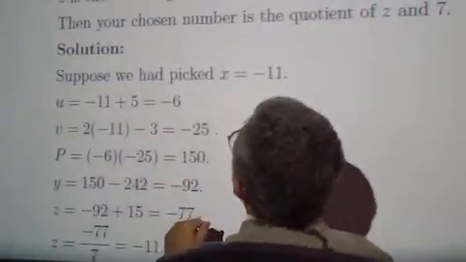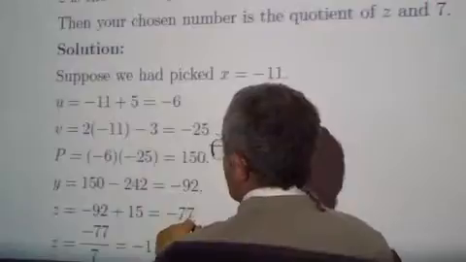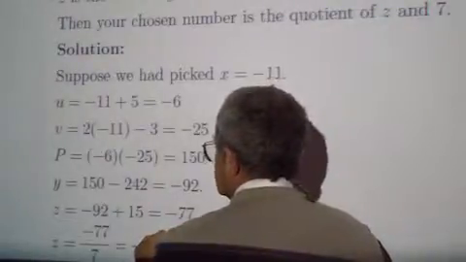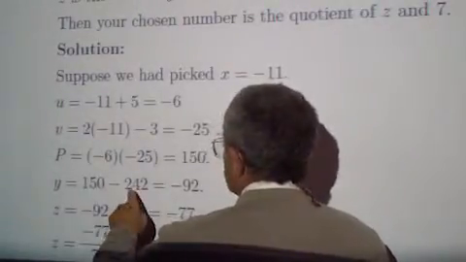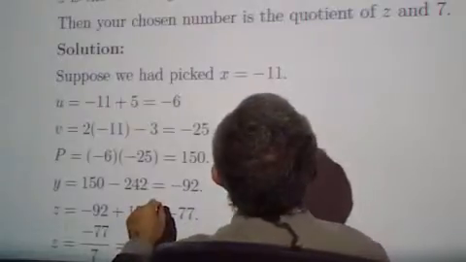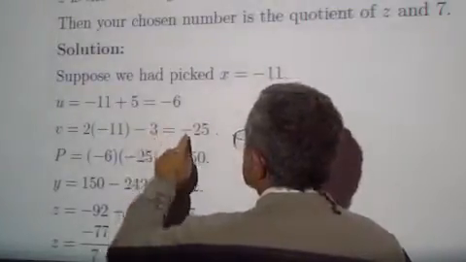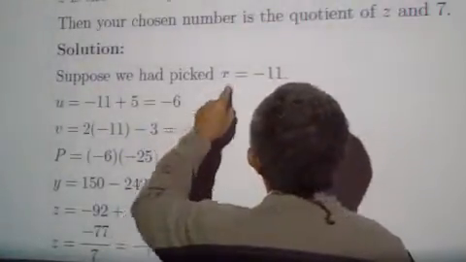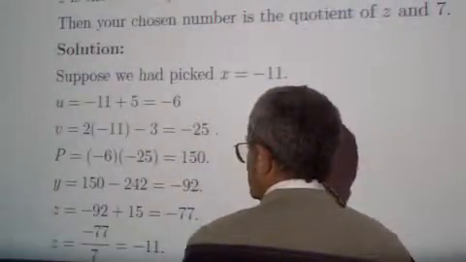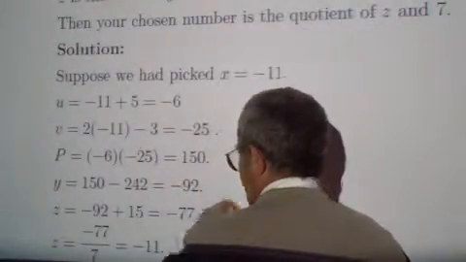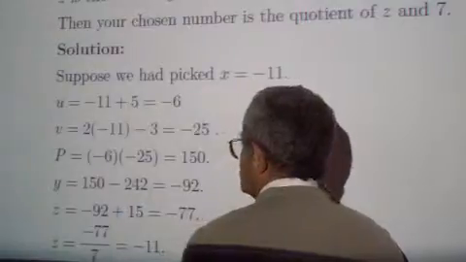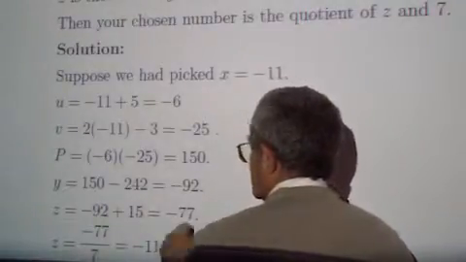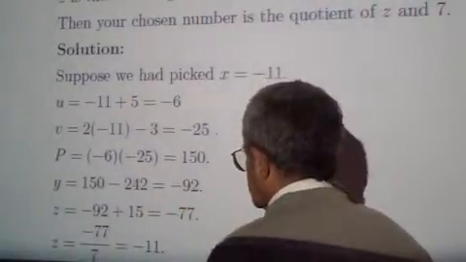And y is the difference between P and 2x cubed. The difference between P, which is 150, and 2 times x cubed. Where was x? Negative 11. Negative 11 cubed is negative 1331, so 2 times that is negative 2662. Difference, you subtract. Negative 92.